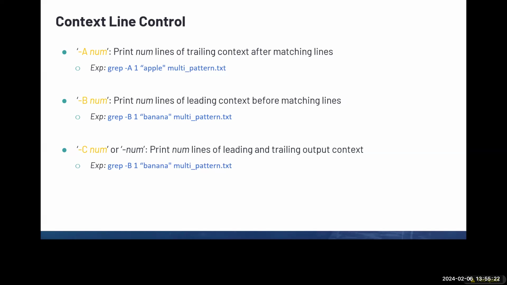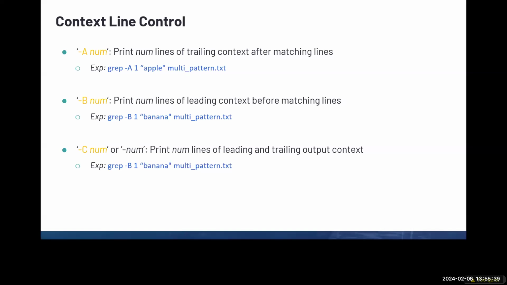If we put grep -A2 apple, we are looking for a line that contains the word apple, then two lines after. It will also print two lines besides the line that contains apple.